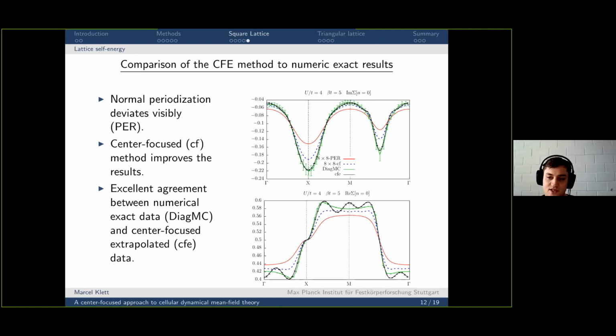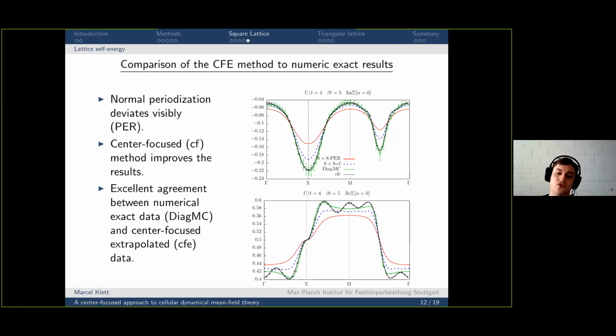Let me tell you that the red curve is the normal self-energy periodization used before our idea about only using the center, and it underperforms pretty heavily compared to the numerically exact data. We get closer to the exact solutions if we only consider the center in our CDMFT calculations, which is represented by the blue dashed curve.